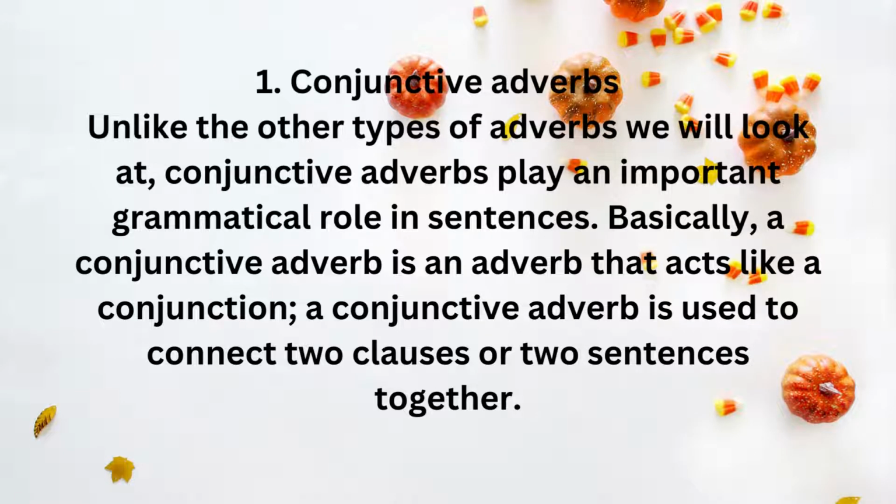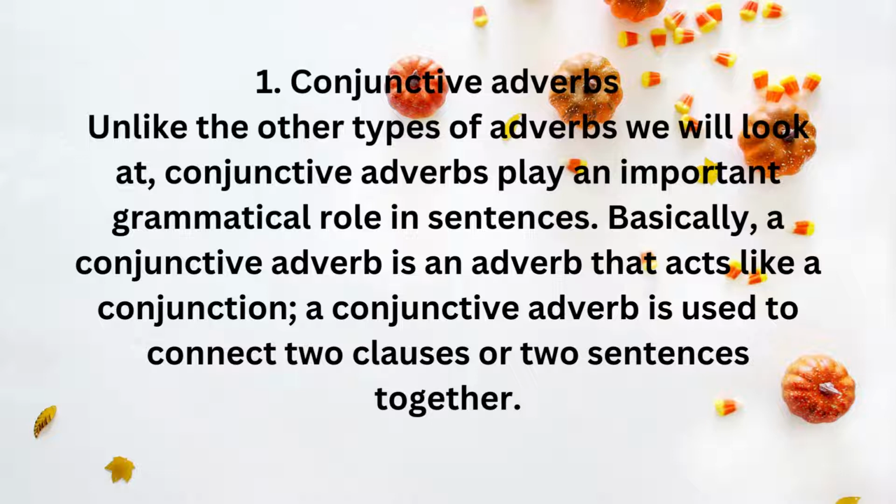So the first one is conjunctive adverbs. As the word conjunctive suggests, conjunctive adverbs are used to connect two clauses or two sentences, or they act like a conjunction. Unlike the other types of adverbs, conjunctive adverbs play an important grammatical role in function.